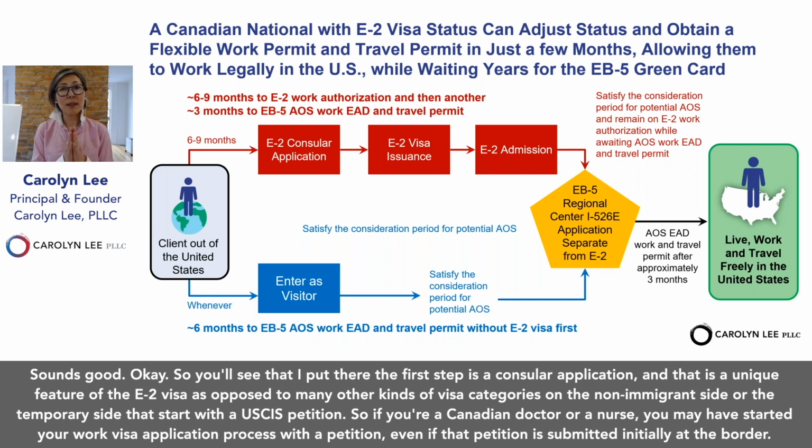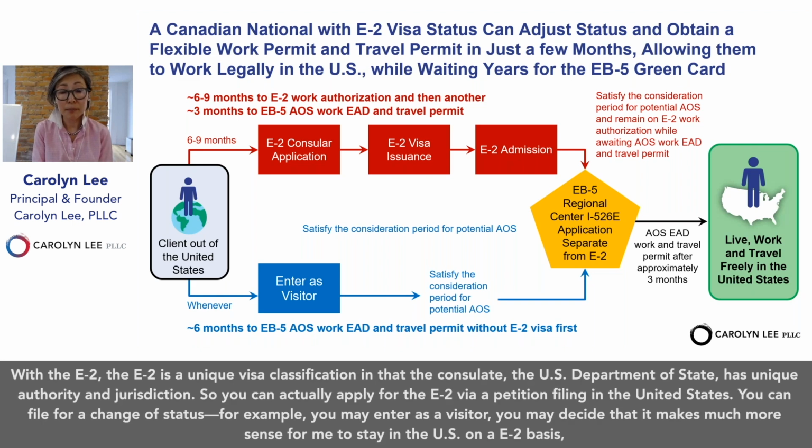And that is a unique feature of the E-2 visa, as opposed to many other kinds of visa categories on the non-immigrant side, the temporary side, that start with a USCIS petition. So if you're a Canadian doctor or a nurse, you may have started your work visa application process with a petition, even if that petition is submitted initially at the border.